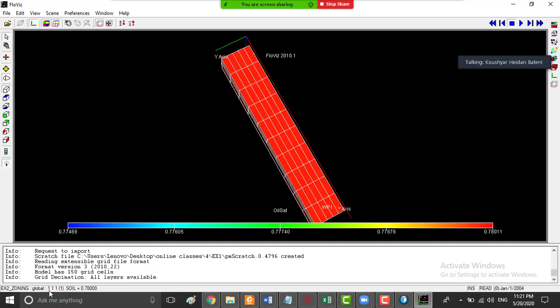What does it say? It says 111 and under the parenthesis 1. These three numbers are the x, y, and z coordinates of the cell that I clicked on, and after that I have the number of the cell. Okay?